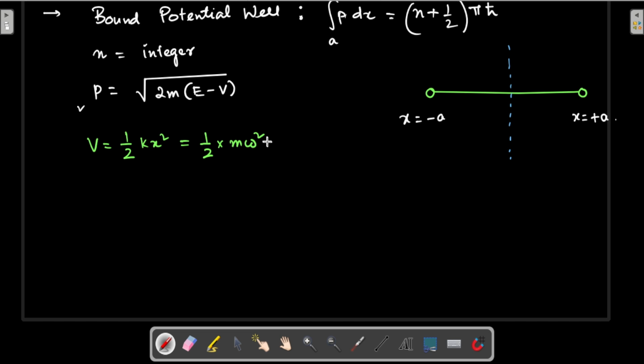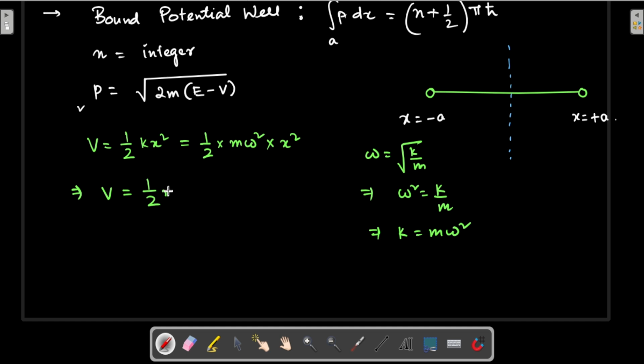It equals half m omega square x square. How? As we know, omega is defined by root of k by m, so omega square equals k by m, and k equals m omega square. So we can write the potential as half m omega square x square.